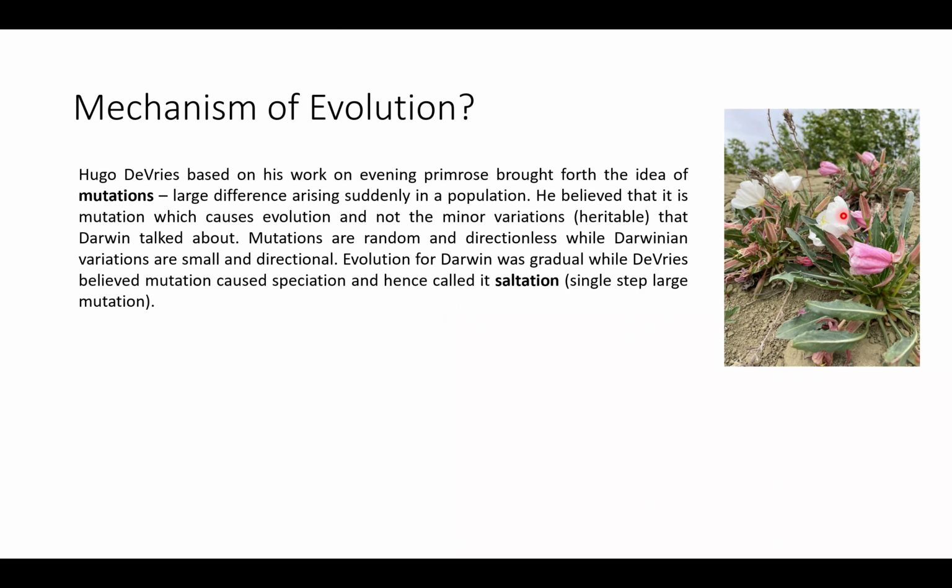Like in this picture, you can see in the same plant, if you cross these two white flowers, out of nowhere a pink-colored flower originated. So some nucleotide base in the gene sequence might have changed due to mutation, which led to such a big change that the color of the flower changed. And this is the work of Hugo de Vries on the evening primrose.